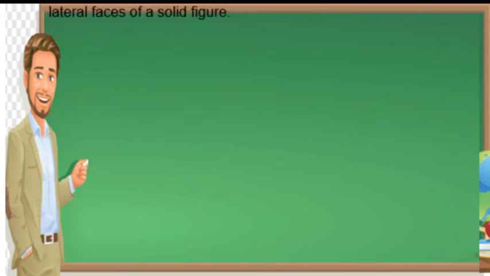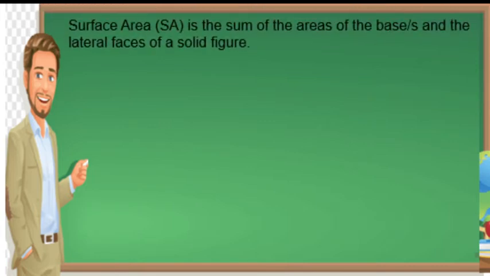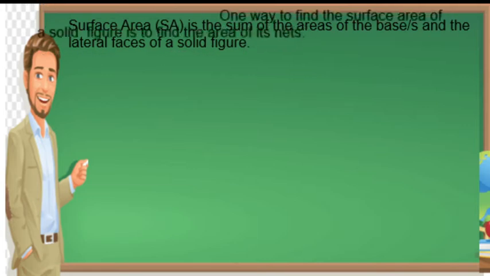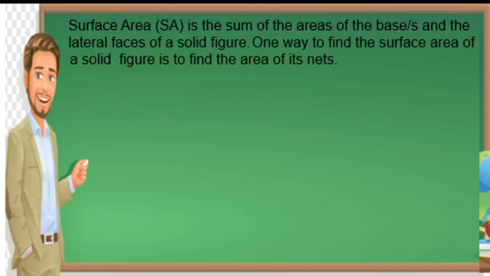Okay, again, the surface area is the sum of the areas of the base or bases and the lateral faces of a solid figure. One way to find the surface area of a solid figure is to find the area of its net.